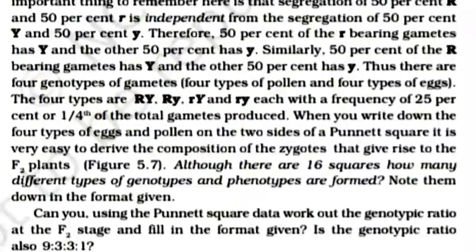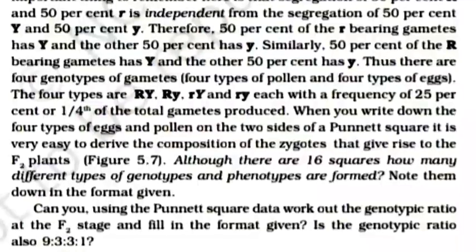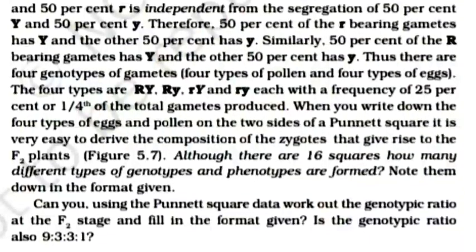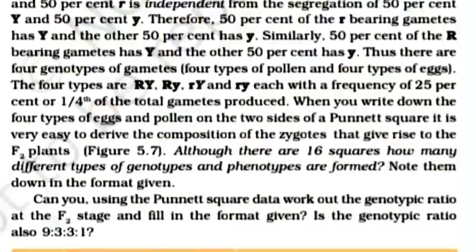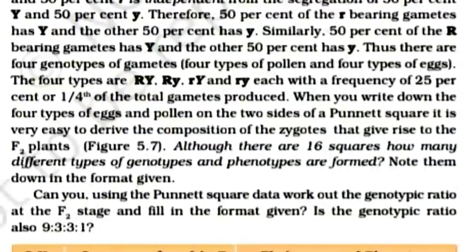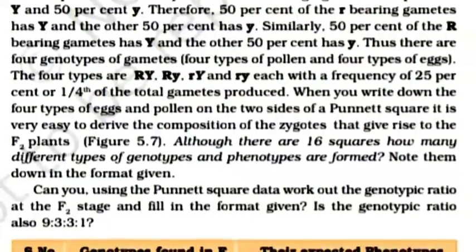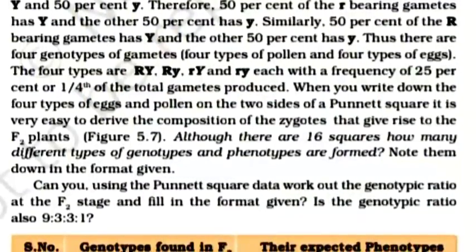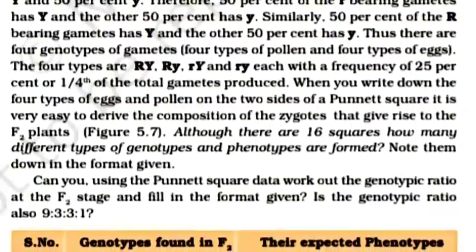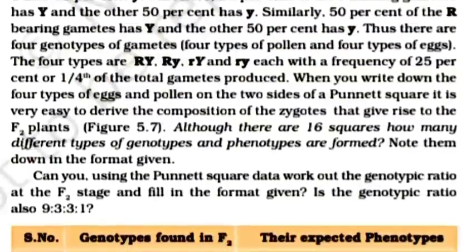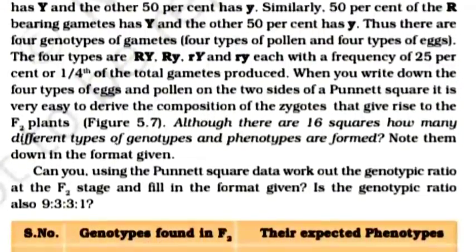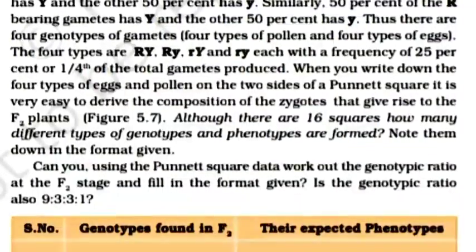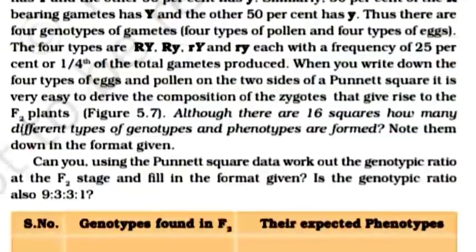Thus, there are four genotypes of gametes, four types of pollen and four types of eggs. The four types are capital R capital Y, capital R small y, small r capital Y, and small r small y, each with a frequency of 25% or 1/4 of the total gamete pool.